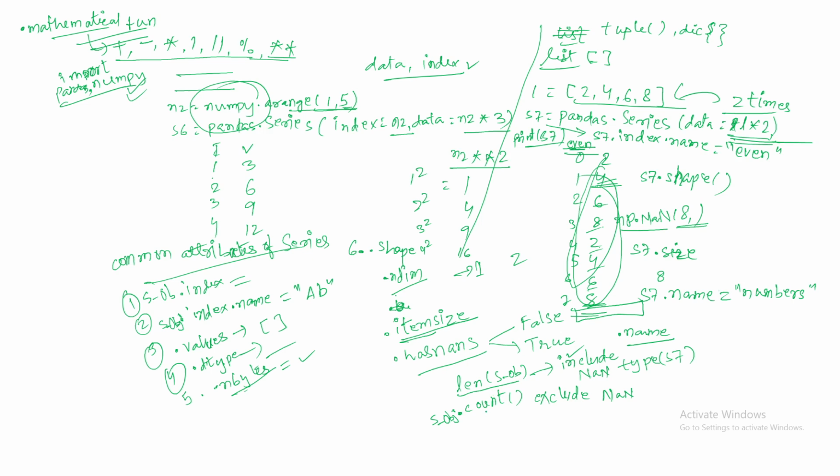Both attributes or functions we use for counting the values, but len includes the nan while dot count excludes the nan.